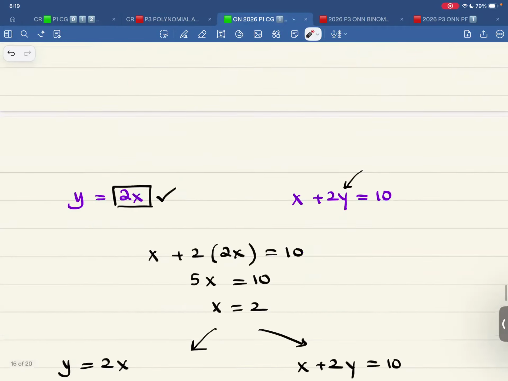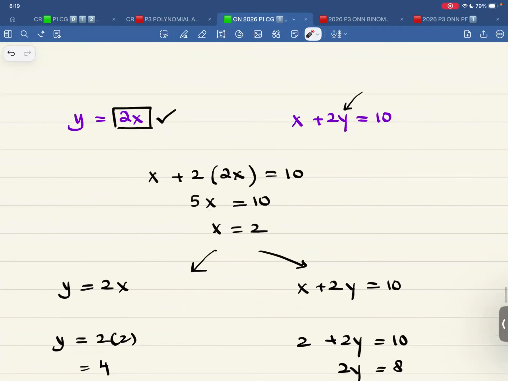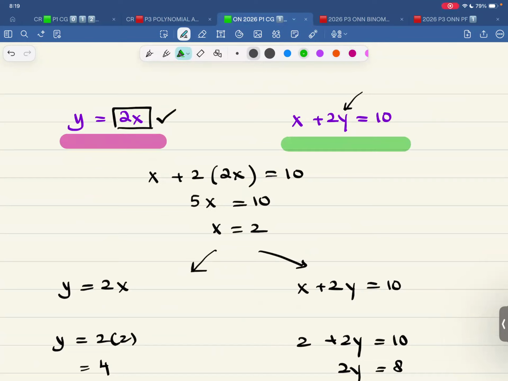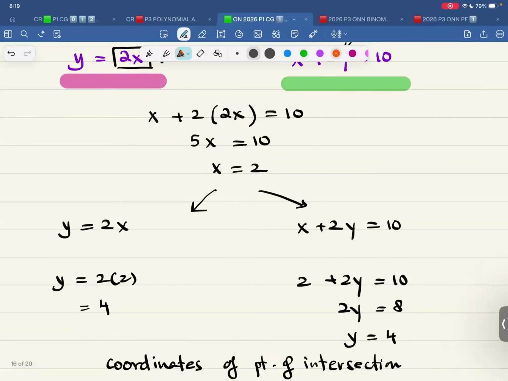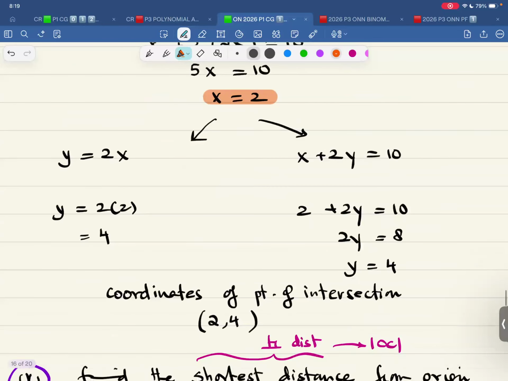Now, the next one. Solving the reddish line, that is the reddish line over here. Solving the reddish line and green line simultaneously, you found the value of x is equals to 2. Plug in any which way, you will find the same answer. y is equals to 4.